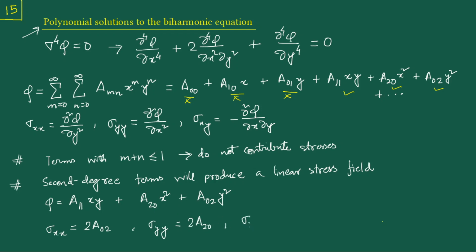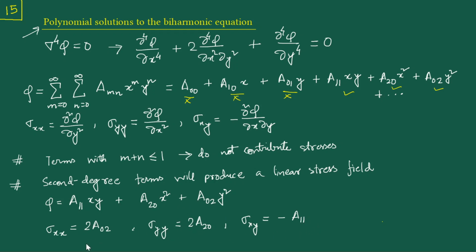And sigma xy will be minus del squared phi by del x del y. We have no contribution from y here and none from x here, so those will not contribute, but this one will. So this is going to be minus a11.